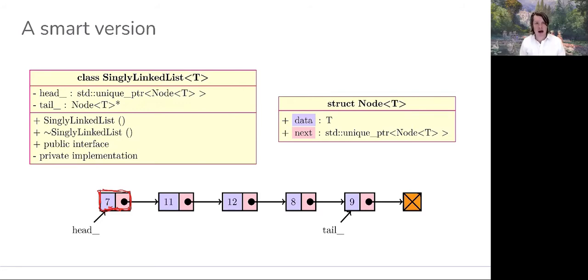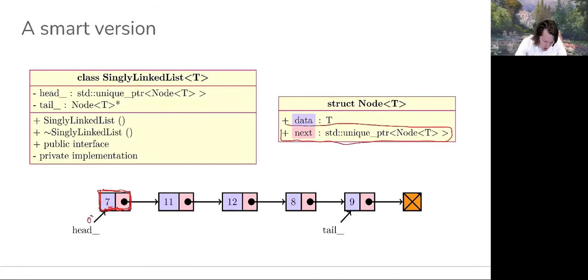Instead, we're going to rely on the unique pointer to not only acquire the resource for us, but again, on the way out, to release the resource to avoid any sort of memory leak. Well, if we look at our node pointer, that's been updated too, to continue this chain of ownership. We said that the next data member is going to be also a unique pointer. So here's what we're setting up at this point.